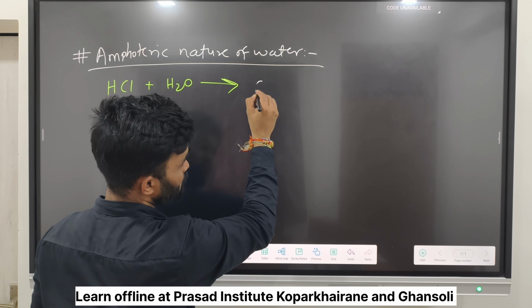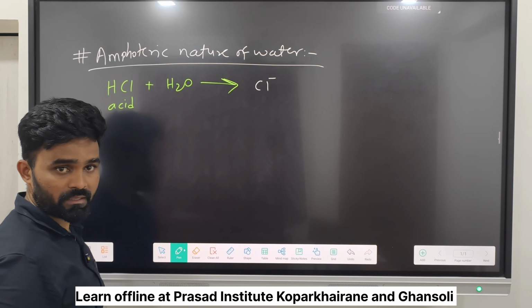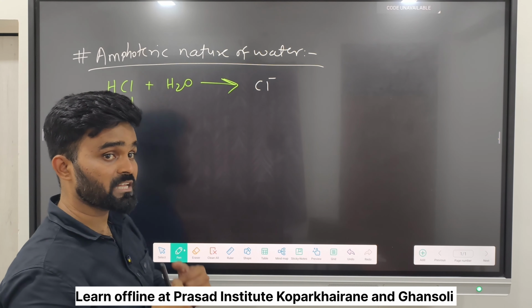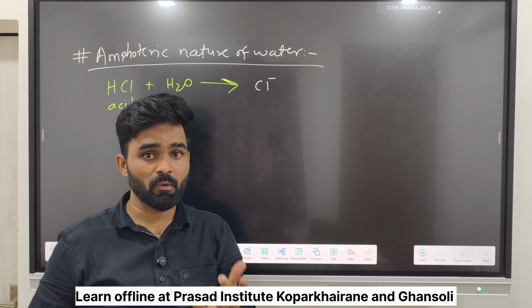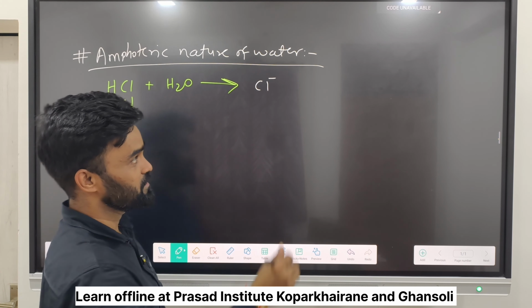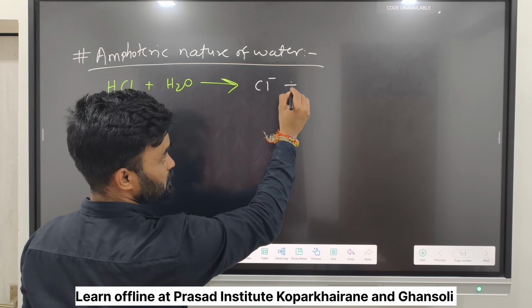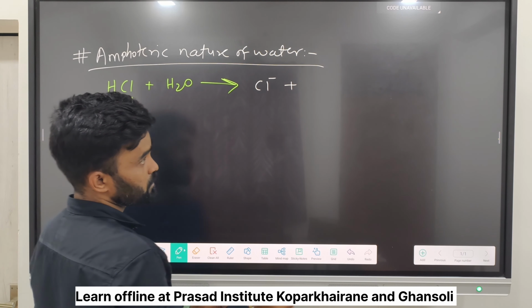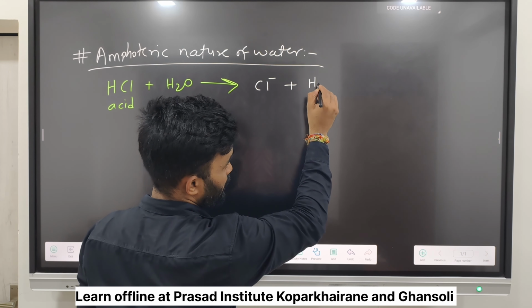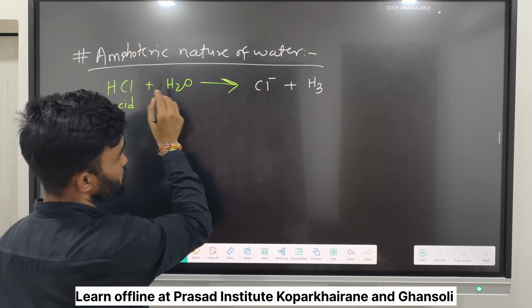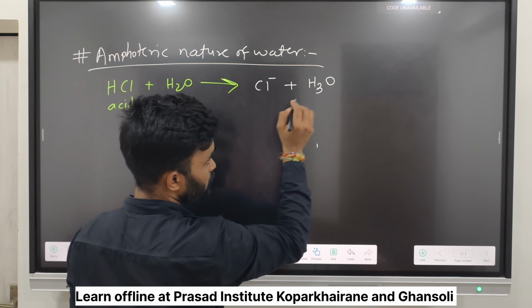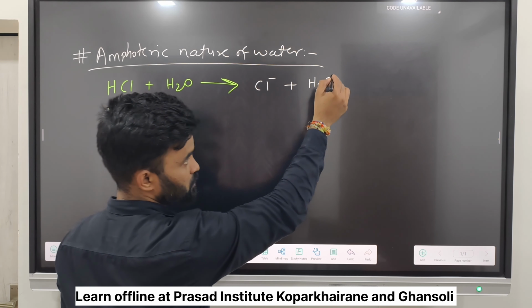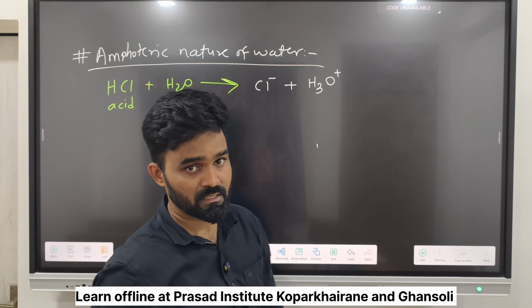If it gives that, what is formed? Cl minus. HCl gave the H plus ion, so what is left? Cl minus, right? And then the same H plus ion given by HCl is accepted by H2O. So here we get H3O plus.